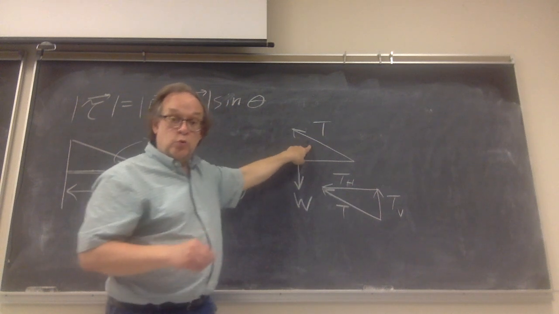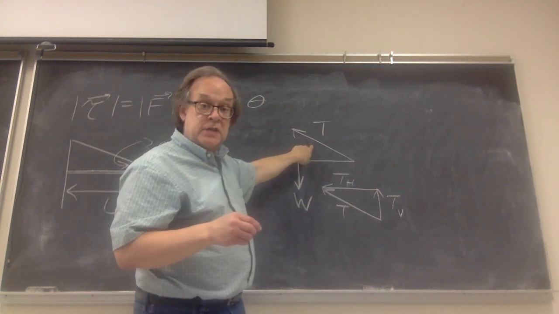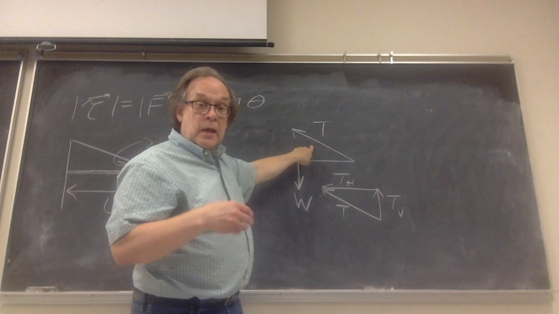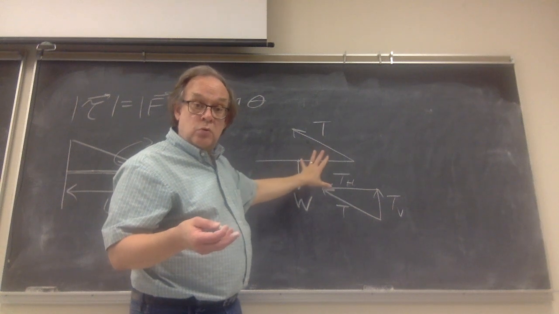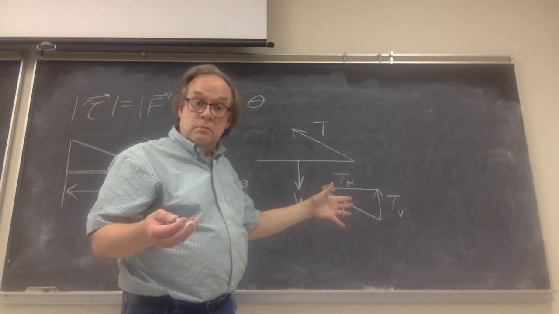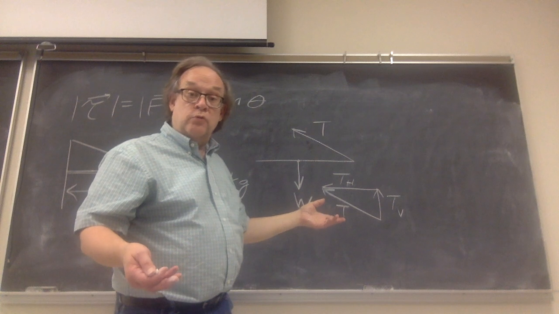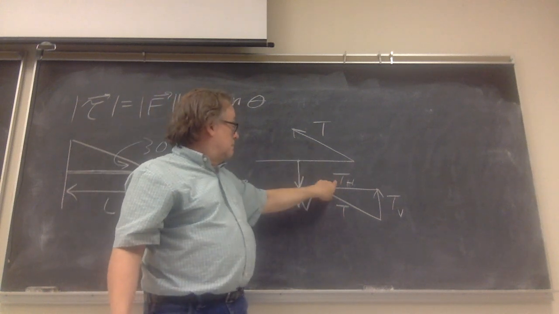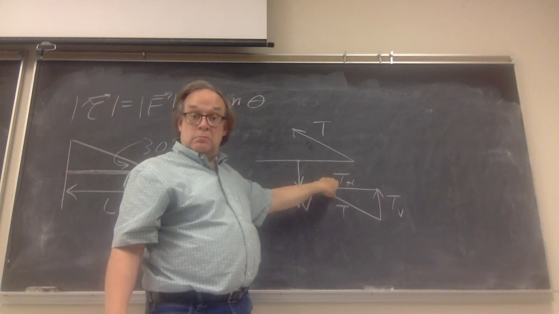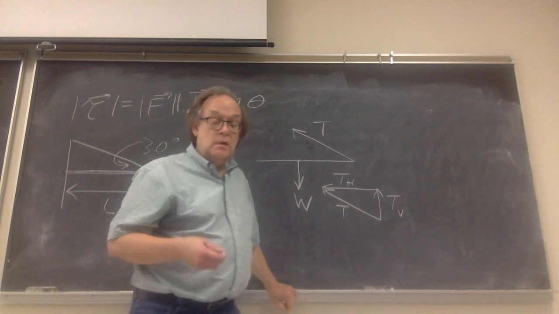Well, if there is a leftward pull because of this tension, and if the net force on this is zero, then there must be a rightward force coming from somewhere else to cancel out the leftward force here.